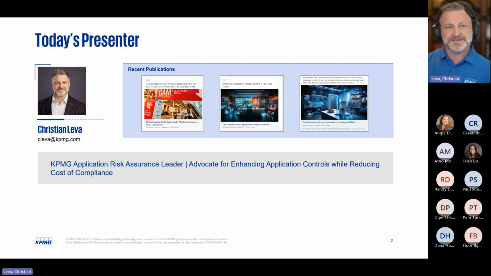So where is that balance? What makes sense for my organization when I have only a handful of folks? Is there something that I can do right now that will protect our application systems from threats, both internally and externally, that will allow me to grow as well for the future when we do get to a point where hopefully we are a larger organization, if that's something we're striving to be?